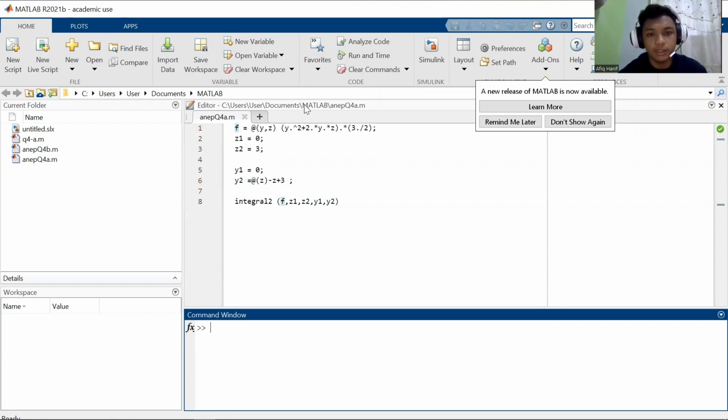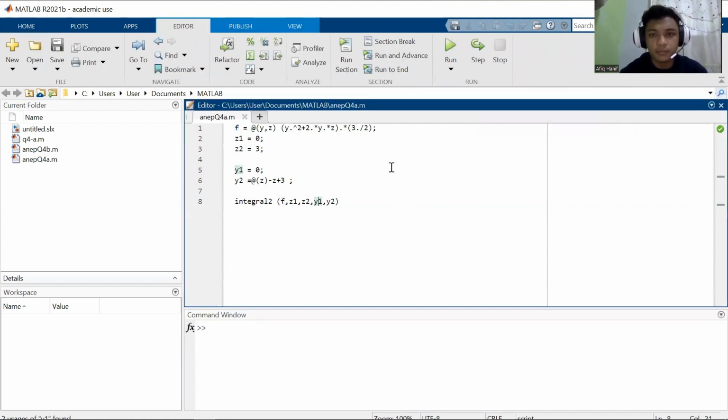For question 4A, I put this coding and get the same answer that I got in the written calculation, 20.2500, for the answer.